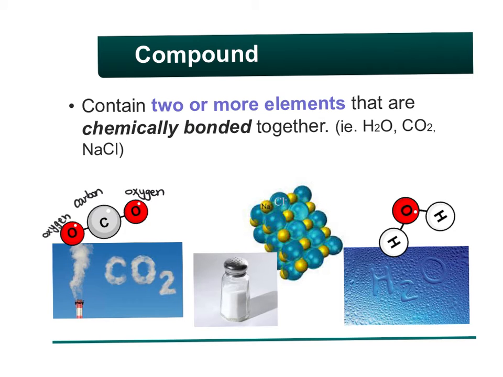NaCl, that's referring actually to the table salt that you might sprinkle onto your food. And that consists of a sodium ion, and we're going to talk about ions later, and a chlorine ion.